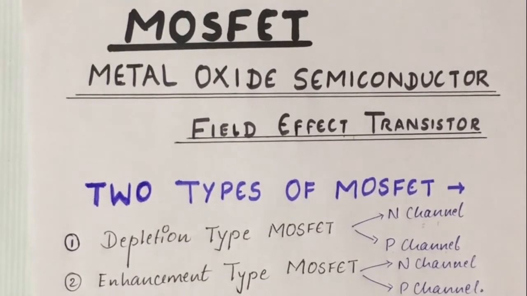Construction-wise, there are many similarities in both types of MOSFET, and there is only one difference. The difference is, in enhancement type MOSFET, there is no channel between the drain and the source. We have to enhance the channel in this type of MOSFET, while in the depletion type MOSFET, the channel between the drain and the source already exists.